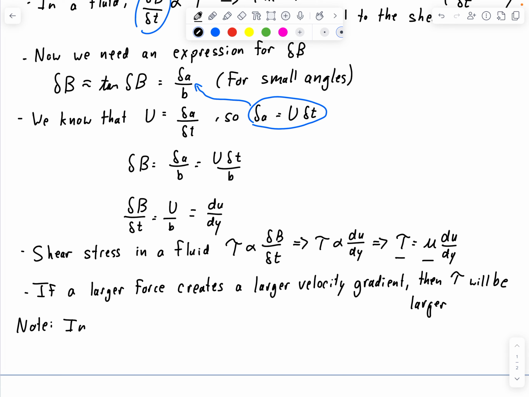In solid mechanics, we learned that in a solid, the shear stress tau is proportional to the strain.